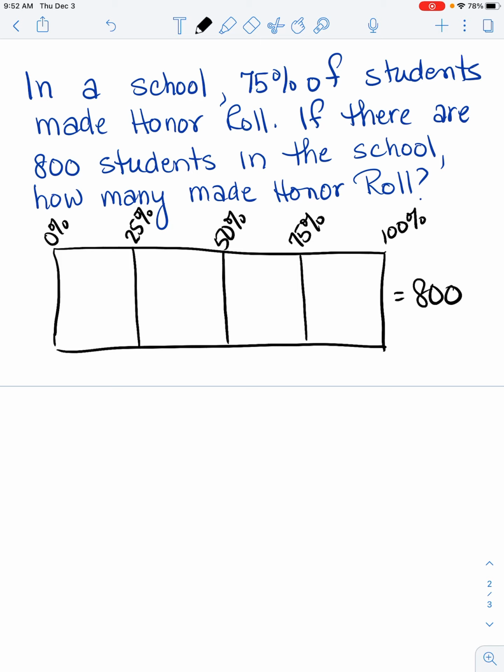Okay. And so what do I have to do? I want to find what goes in each box. Well, 800 divided by 4 equals 200, and so 200 goes in each box. Okay, now what am I looking for?